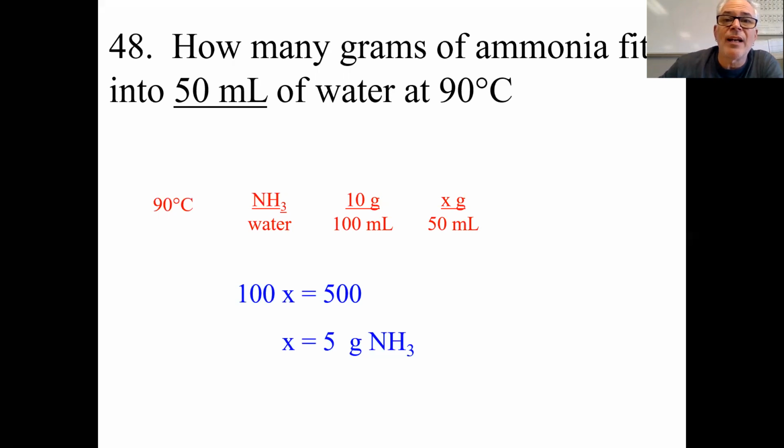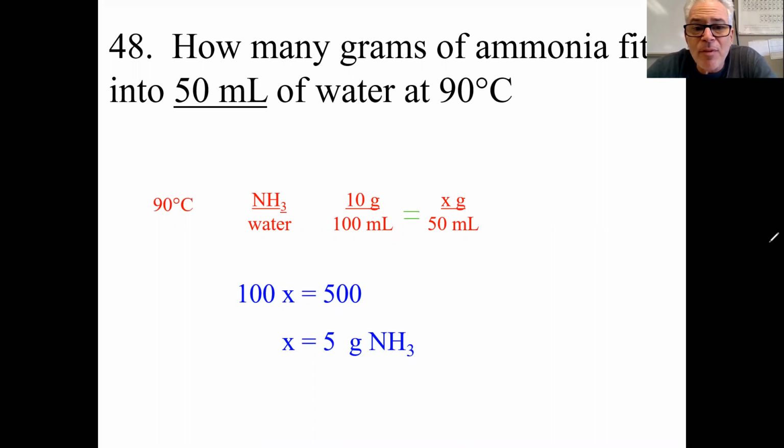Now, I didn't put an equal sign in here. Let me throw an equal sign in, because I actually should have one. This is going to be an equal proportion. 10 grams of ammonia fits in 100 mLs of water. The question is, how many grams will fit in just 50 mLs? Well, 10 fits in 100. That's the truth.